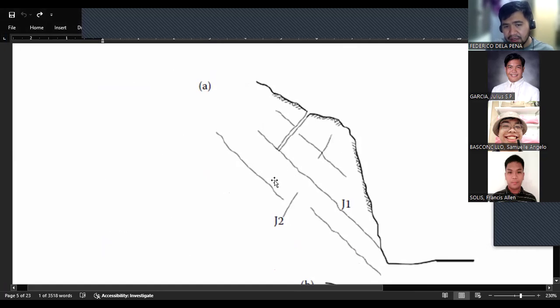The infill of discontinuities, for example in the Philippines, would normally be clay or silt. Due to the humid environment, we normally have a lot of clays everywhere. Although there are certain circumstances where you might encounter cementitious infills like quartz infill or calcite cement infill.